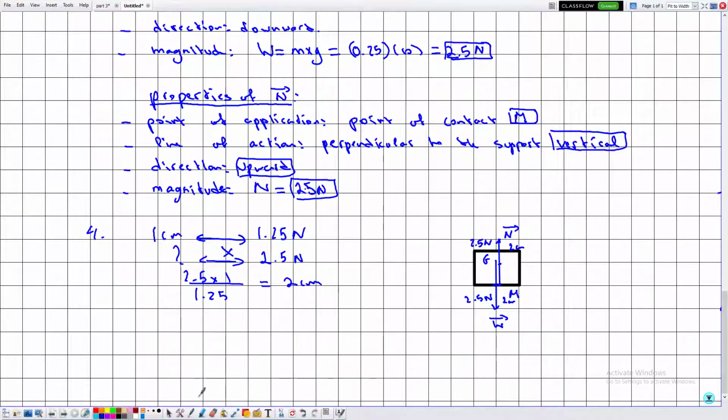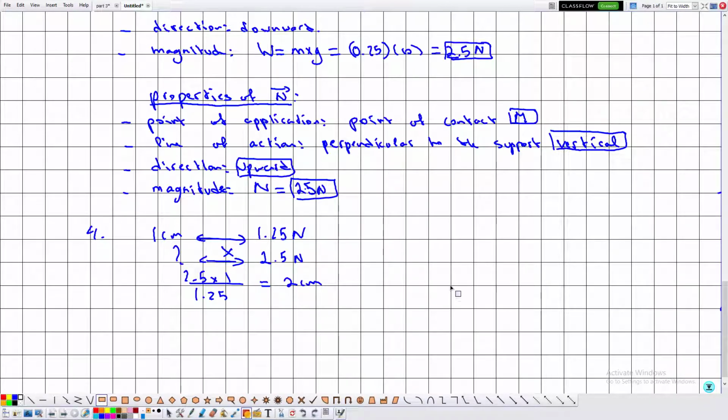Now here, because I have changed, let me do a clearer drawing of this. Let me consider another box, which is a smaller box, like this. Okay.